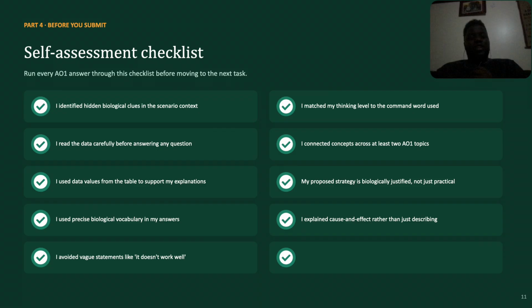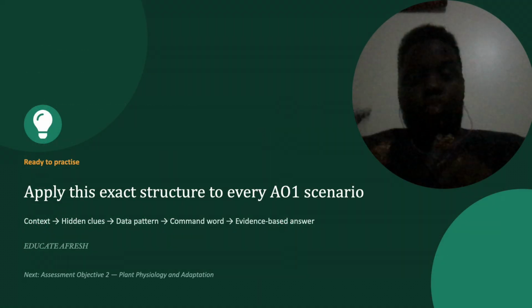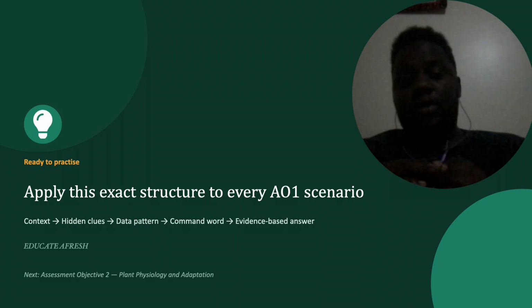And then, are your statements clear? Are they not just vague? Okay, so things like it helps, it enables this. You write statements that are clear and precise. And then, did you put the facts in the right place where they are supposed to be? Now, this structure works for every assessment objective 1 scenario that you're going to meet.